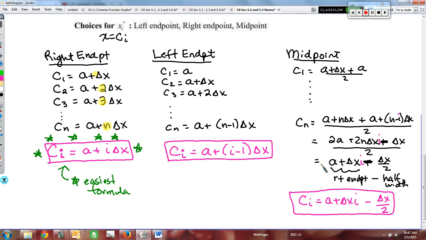While on the AP, you are not going to have to calculate the derivative using the limit definition or any of the alternate forms of the limit definition. There will be multiple choice questions where you have to recognize that if they give you a limit, it was a derivative, because you're recognizing it from your limit definition, whether it's the symmetric form or the alternate form or the original limit definition of a derivative.